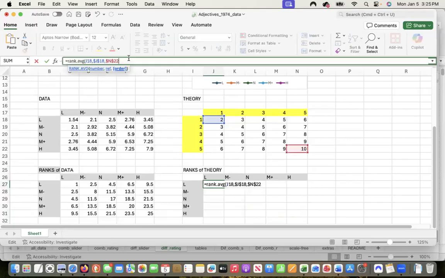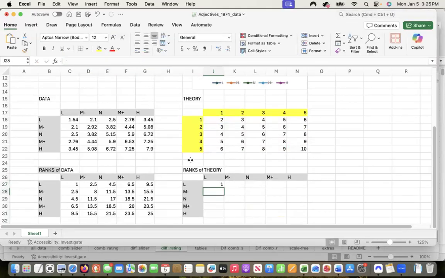And we want to do the same ascending order. Oops, I should have a colon in here, not a comma. Okay, good, that lit up the right way. And that rank of the 2 is 1.